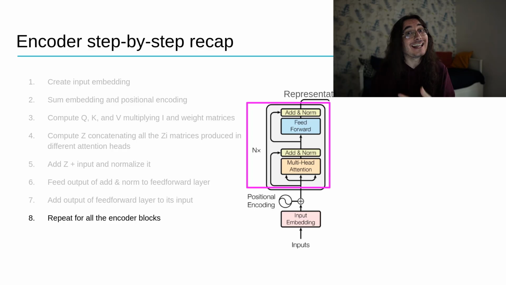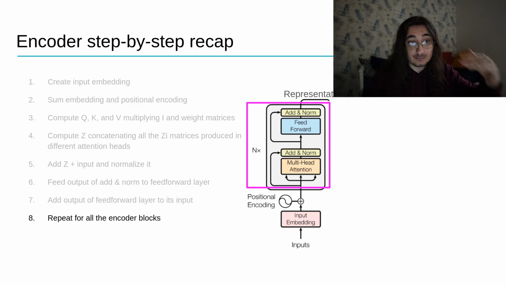Remember, we can have as many encoder blocks as we want. In this image, we have n times, potentially n encoders. So we repeat for all the encoder blocks and we start repeating from number 3 in this list.